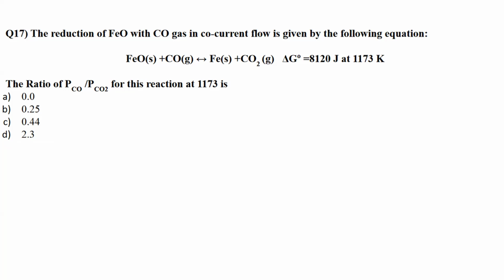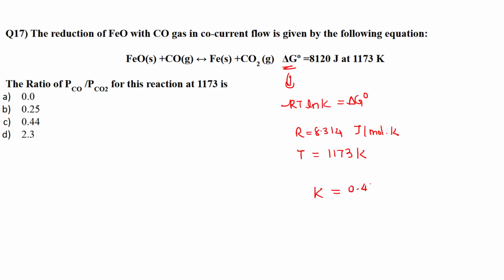So, when we have this delta G naught, we can have the relation: minus RT ln K equal to delta G naught. R is equal to 8.314 joule per mole Kelvin. If I substitute here and T equal to 1173 Kelvin, then I will get K equal to 0.435.